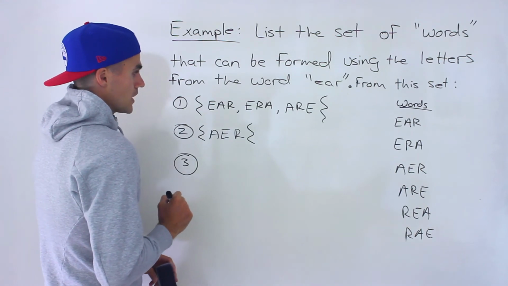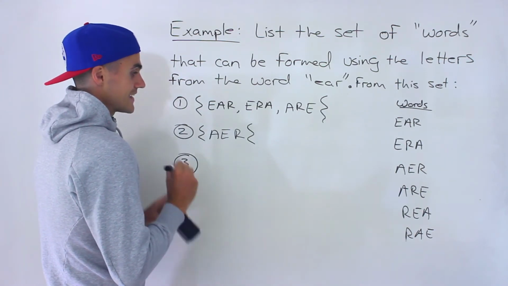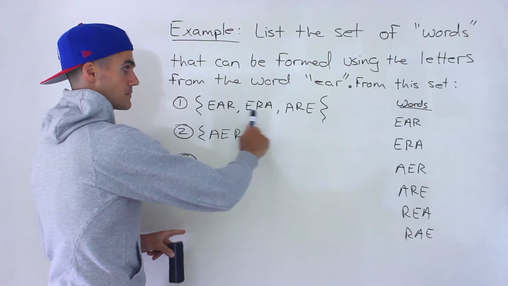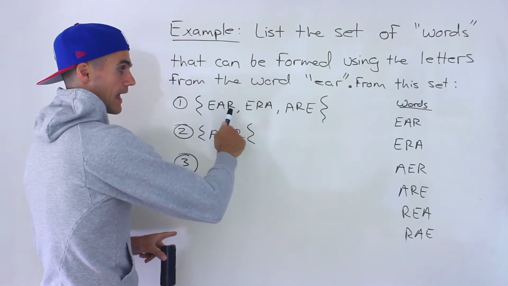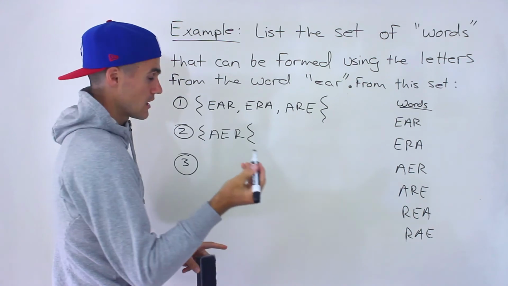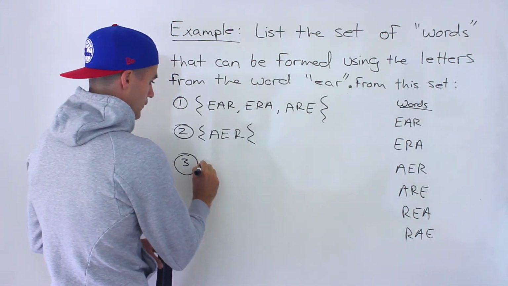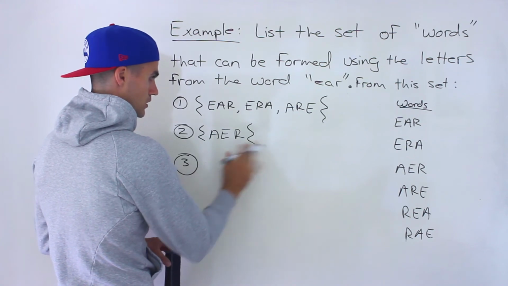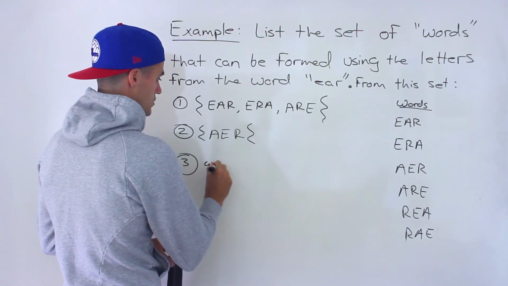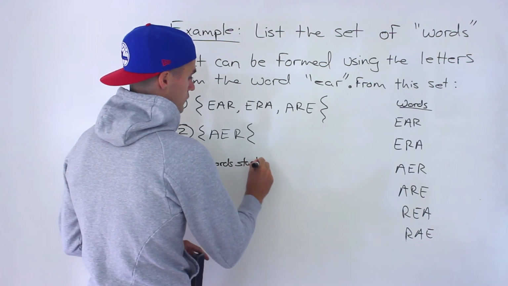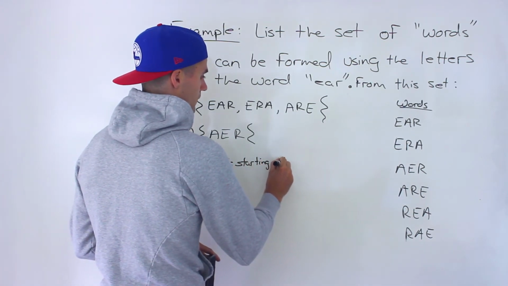Now, number 3 is asking to find the intersection between subset 1 and then all of the words that start with E. So I'm first actually going to, you could do it on the side, but I'll do it over here. So the words starting with E, we're going to have to use it for number 4 as well.